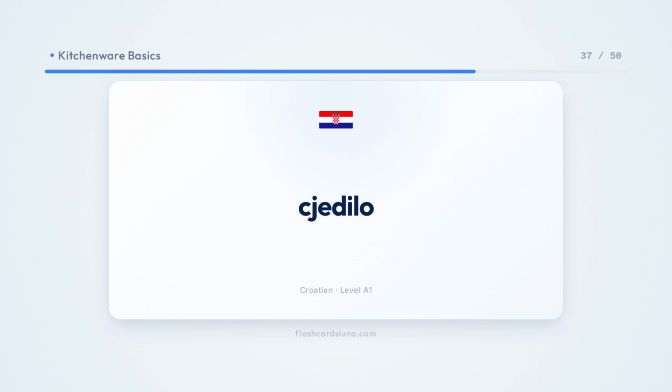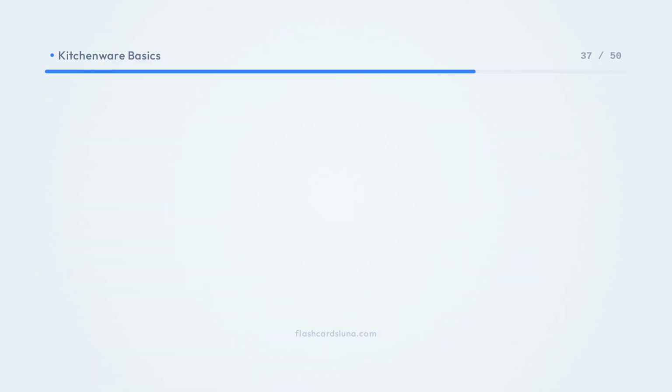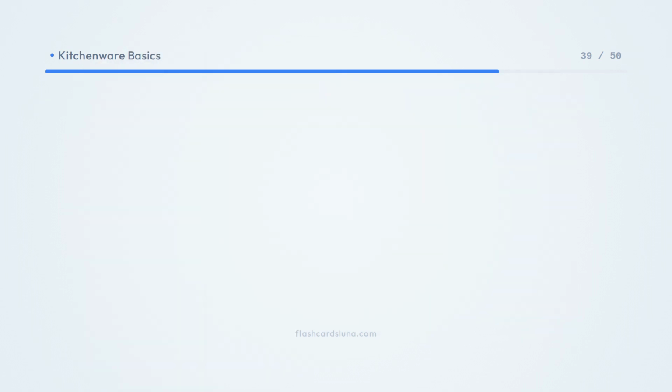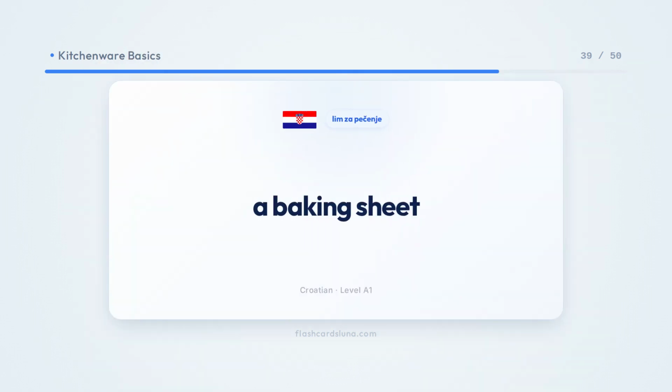Cjedilo. A colander. Sito. A strainer. Lim za pečenje. A baking sheet.